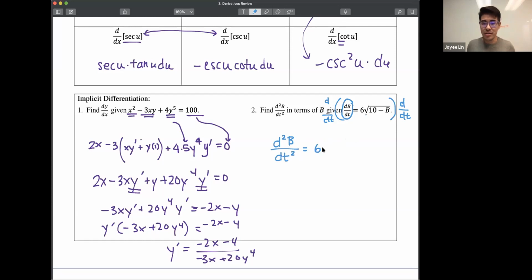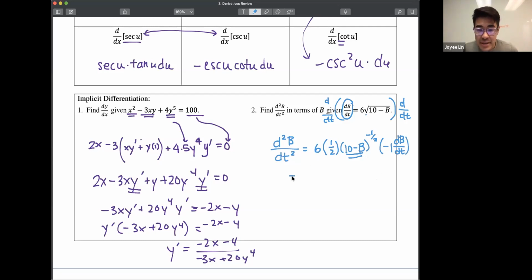This radical, so the 1/2 power, this is 10 minus b, negative 1/2 power, power rule, right? Times the derivative of what's inside. The derivative of what's inside, this is a b, so it's gonna be negative 1, right? The derivative of a variable is just 1 db/dt, because we're taking it with respect to the variable t.